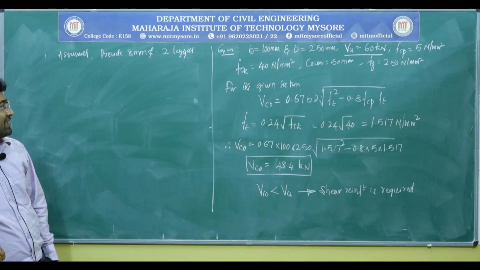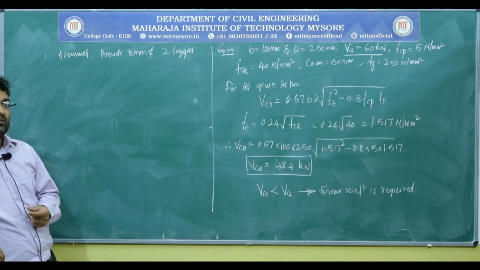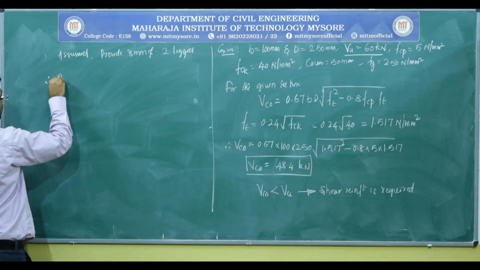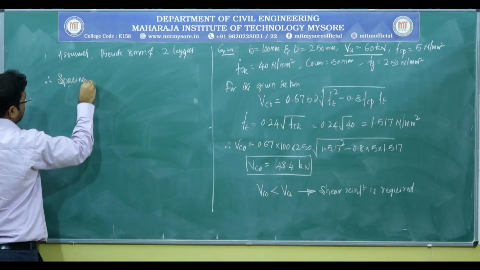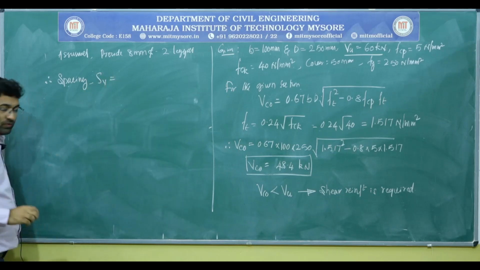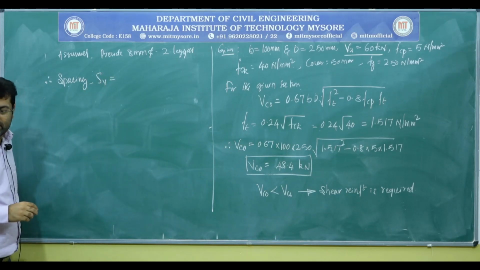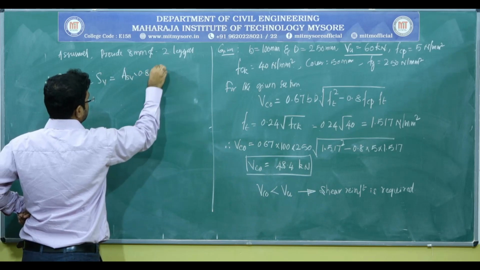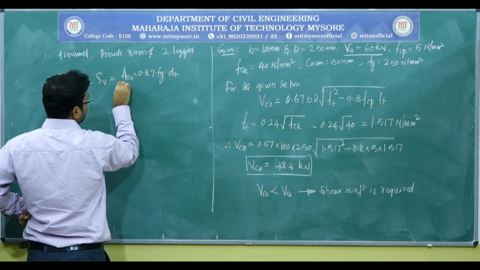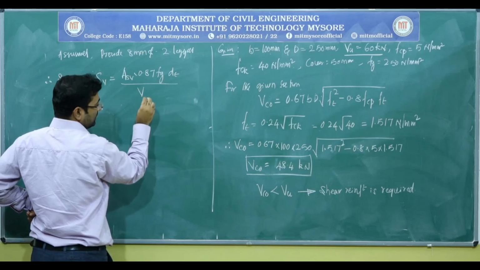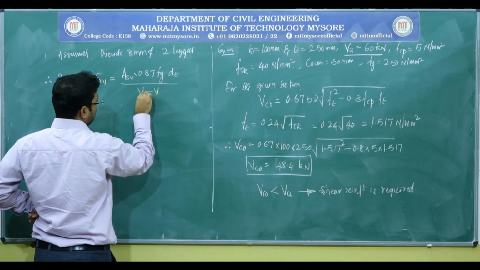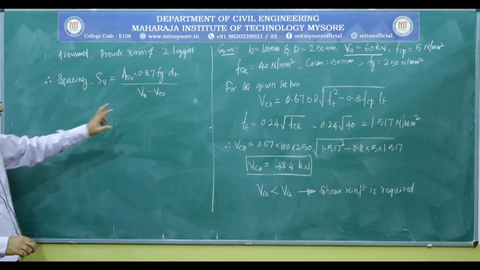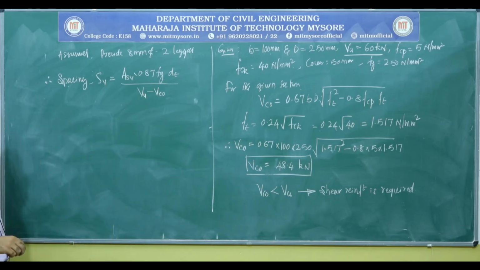So now let us calculate the spacing we need to provide for this shear reinforcement. Therefore, the spacing of shear reinforcement, that is SV, is equal to, we know, ASV into 0.87 Fy into dt whole divided by VU minus VCO. Okay, don't interchange or get confused with this. It is VU minus VCO.